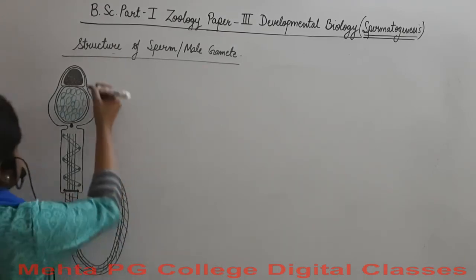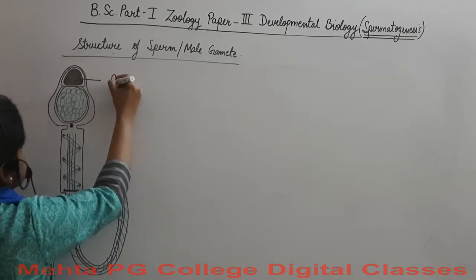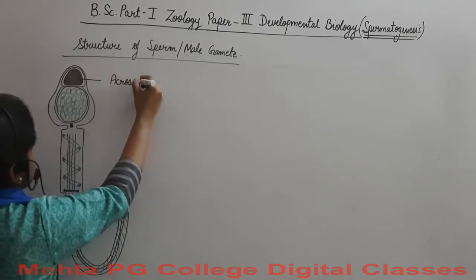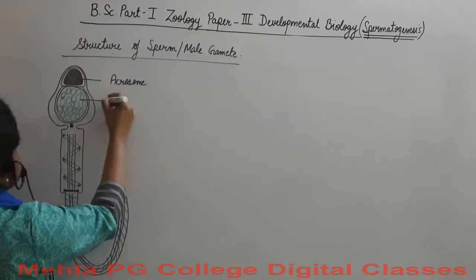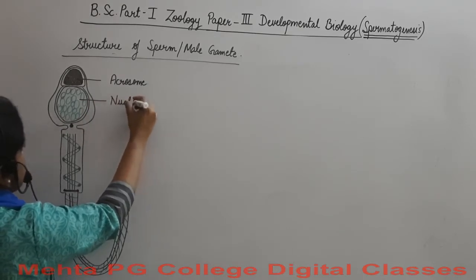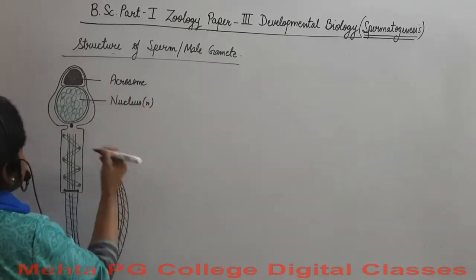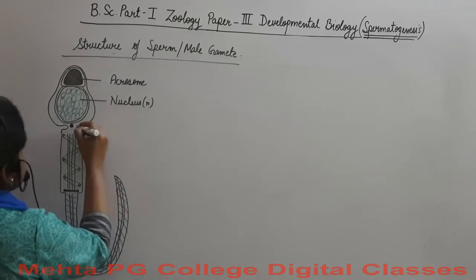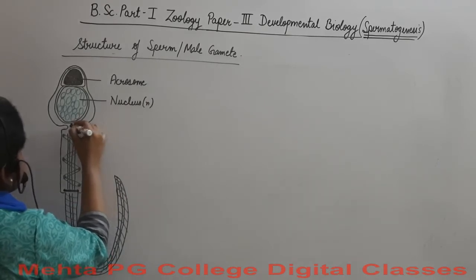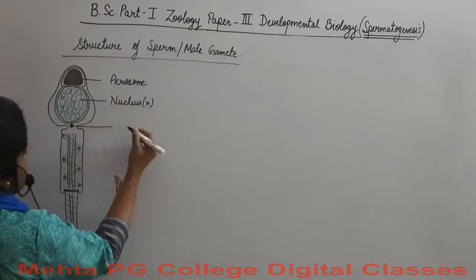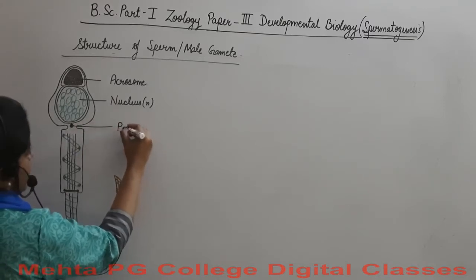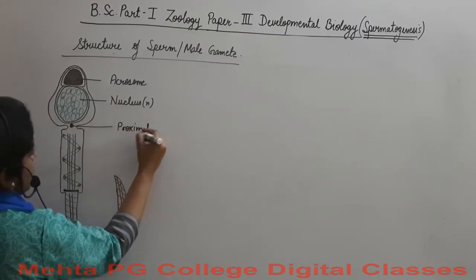We can mark the regions. This is the acrosome part. This is the nucleus part. This is the proximal centriole part.